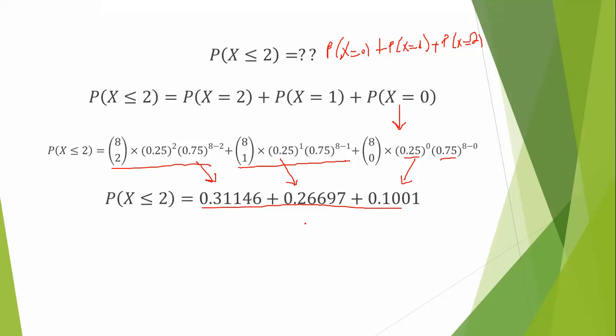The answer is 0.67853. So if rounded off, it could as well bring us to that answer. So that would be probability of x being less or equal to 2.